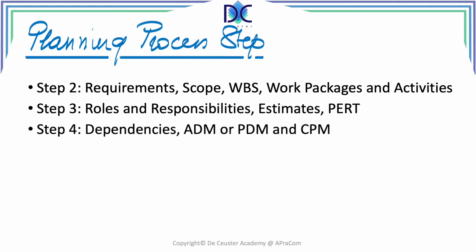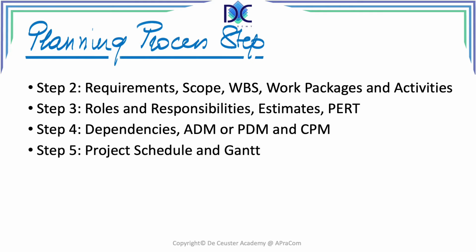Step 4 is about dependencies and different diagramming methods. We can use the arrow diagramming method or the precedence diagramming method, but we will also talk about the critical path method to determine early start, early finish, and so on of all the activities, and of course the critical path and the project duration.